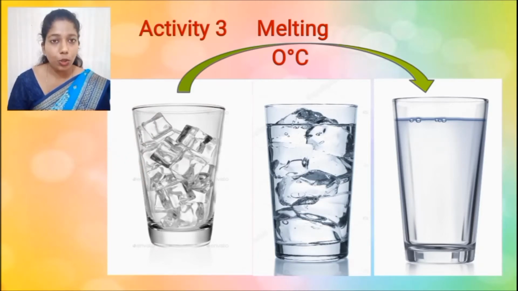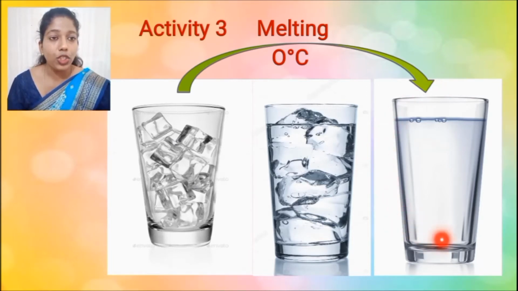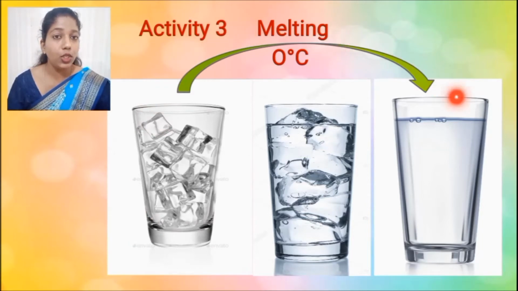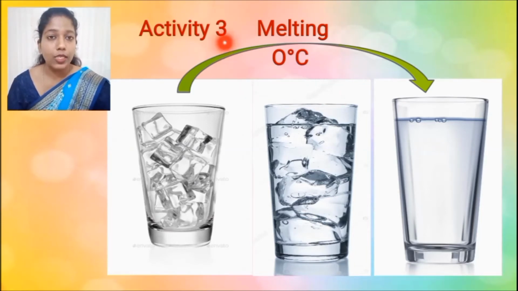Do the ice cubes change into another form of water? Yes, the solid ice changes into liquid water. This process of changing solid ice into liquid water is called melting.